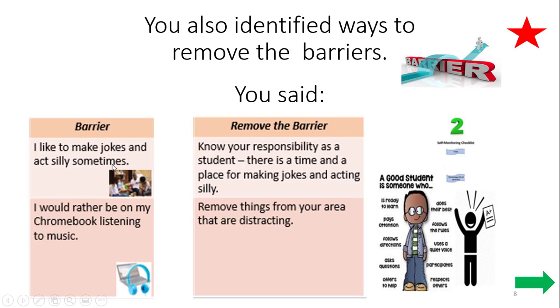If the barrier is that you're sometimes making jokes and acting silly, you should be a responsible student, knowing that there's a time and a place for making jokes and acting silly. We want to really embody a good student, regardless of whichever barrier it is that you think is most important. The barrier of making jokes and acting silly addresses the function of your behavior. Remember that.